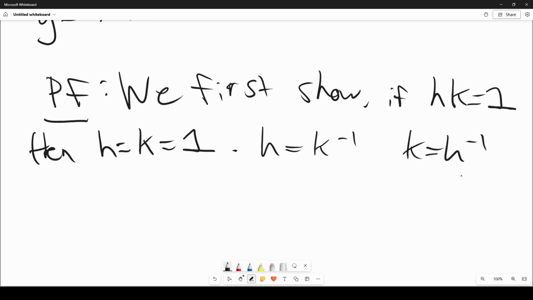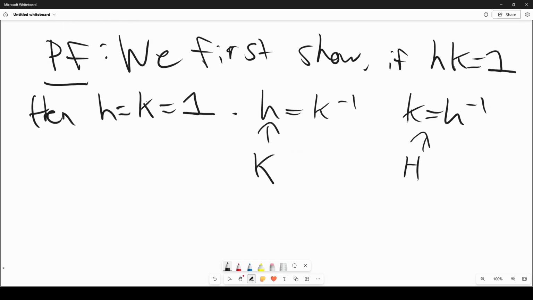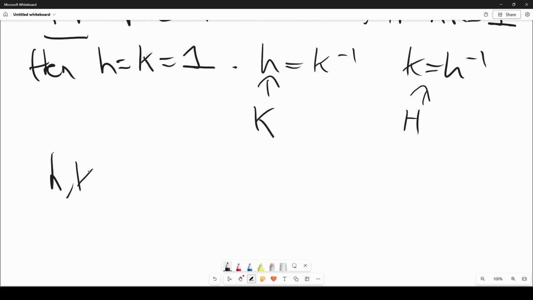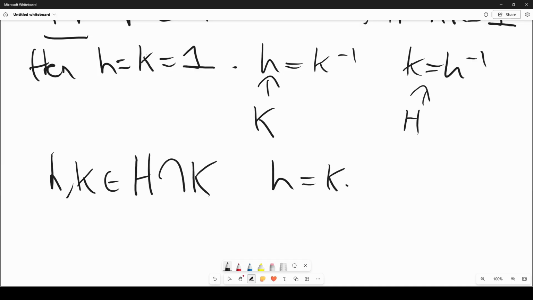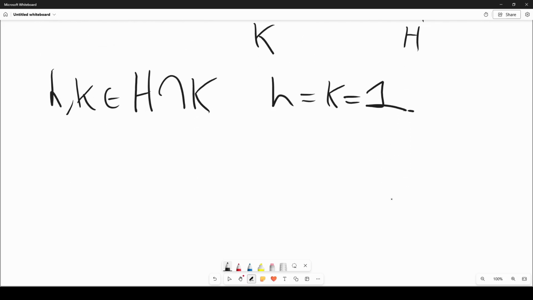Remember that subgroups contain inverses of their elements. So if h is k inverse, then h has to be in K. And if k is h inverse, then k has to be in H. Which means that h and k are both in H intersect K, because they're both in H and both in K. But H intersect K is just the identity, which means that h has to equal k, has to equal the identity.